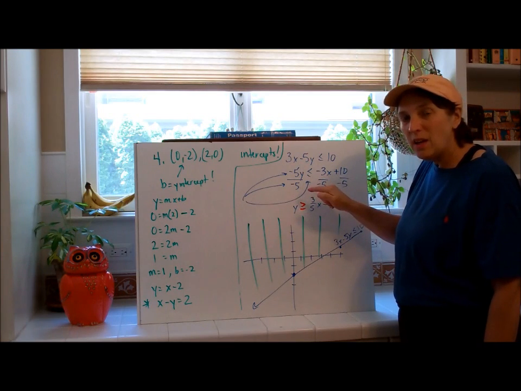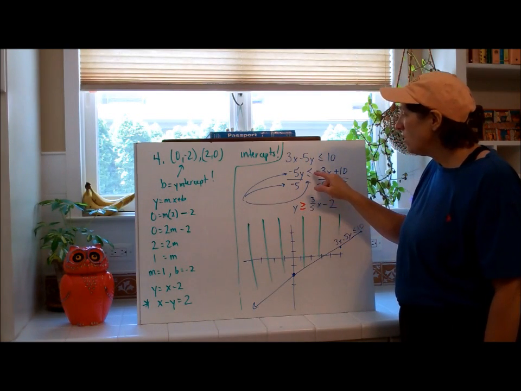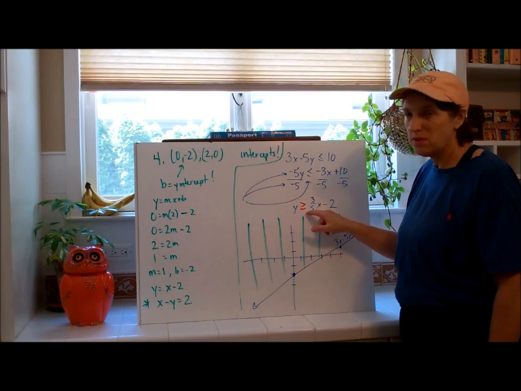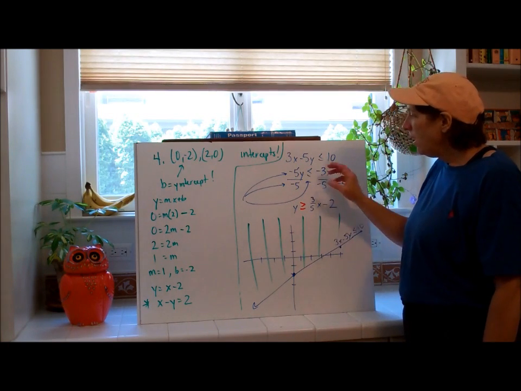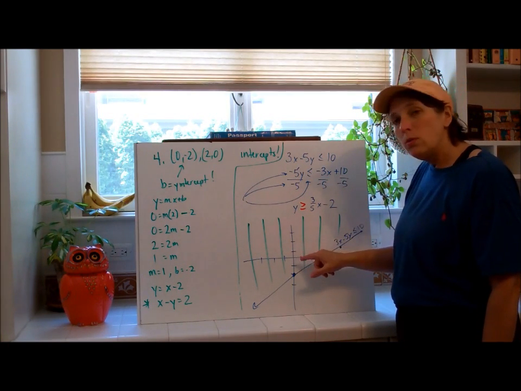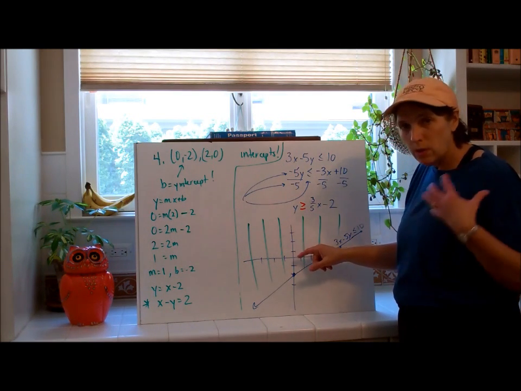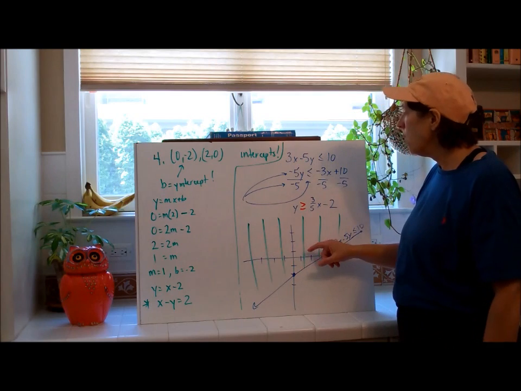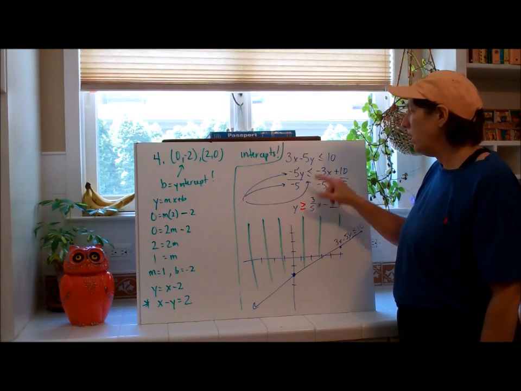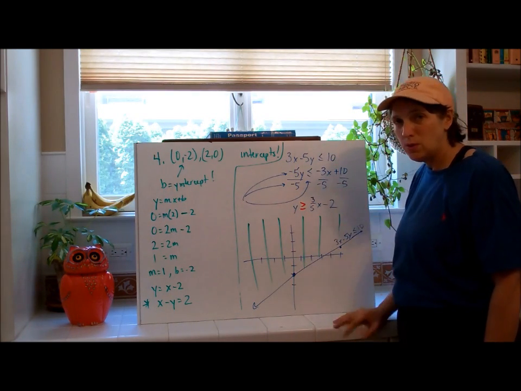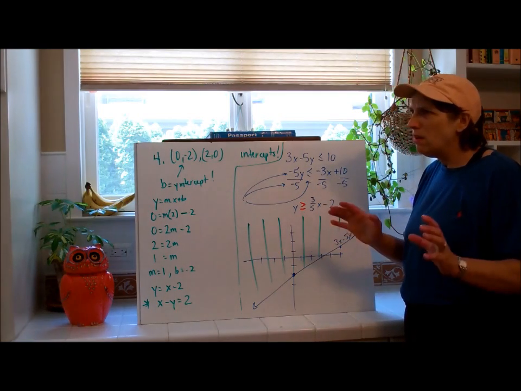When I divide an inequality by a negative, what happens to the sign? It flips. That's why, before you shade the area, it's good to put in a point, whichever point you pick. I like to pick the origin, point (0, 0). Plug it into both of these, because they should both be true. If they're not, then something's wrong.